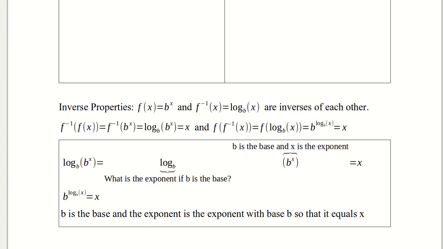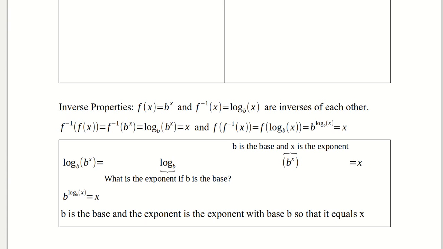Well, that has b as the base and the log as the exponent. So this is asking and answering its own question. The log base b asks the question, what's the exponent if b is the base? And the second part says that b is the base and that is the exponent. So taken together, that asks and answers its own question, and we're left with x.